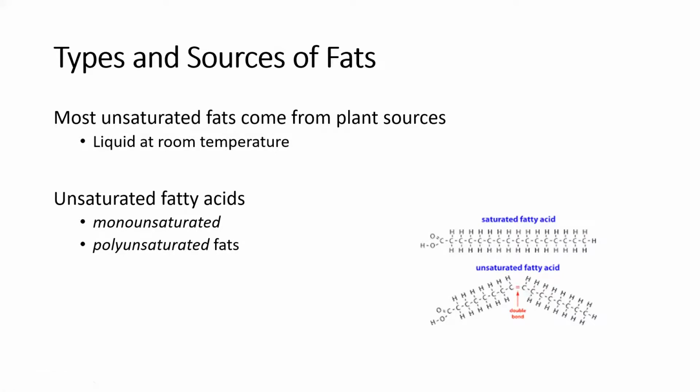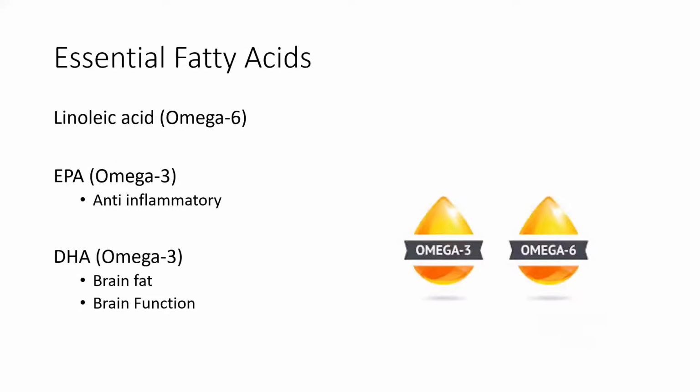Okay, you need both. You cannot go without saturated fats. You cannot go without unsaturated fats. You just want to not have too much of each. You want to keep those proportions optimal. Other fatty acids we need, omega-6s and omega-3s, are beneficial with brain function, immune function.